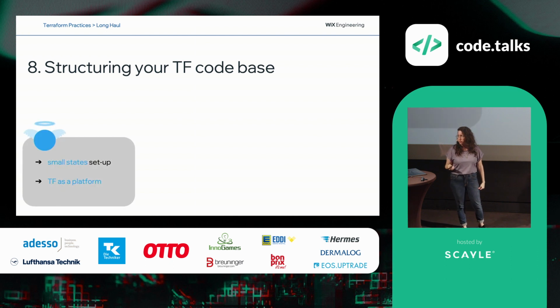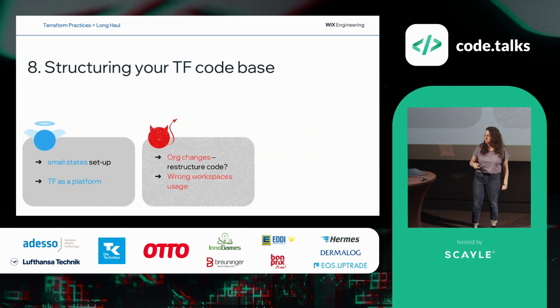OK, so the good thing is, when you plan ahead and think about what to do with your Terraform structure and codebase, it will allow you to set up small state files and to run Terraform as a platform, which is very important, especially when you want to scale up your company and your infrastructure. The bad thing is that if there are organizational changes, it may require you to restructure the code, and you don't want that.